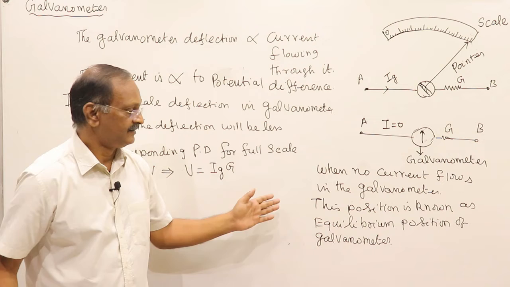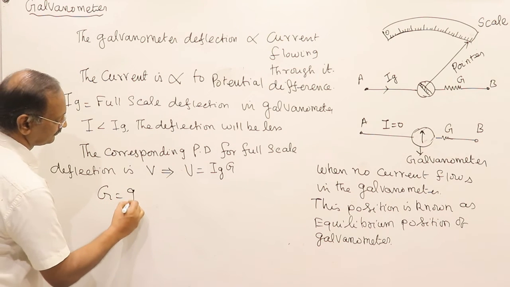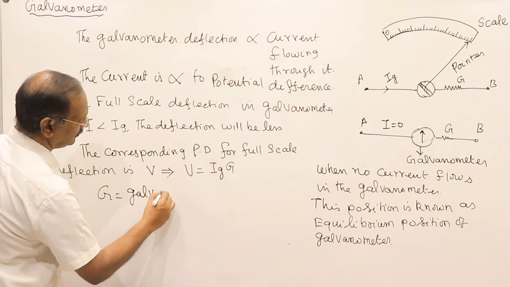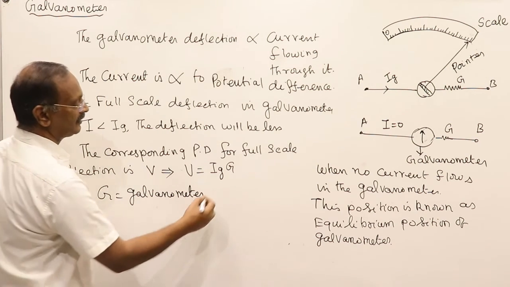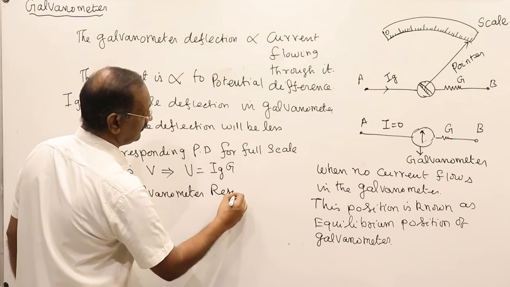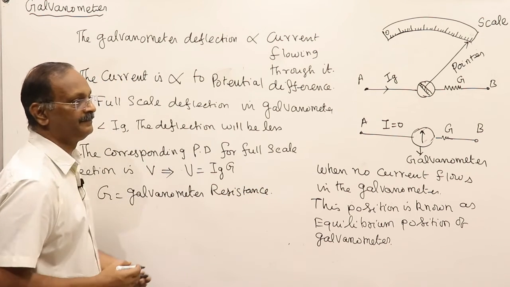What is G? G is the galvanometer resistance.